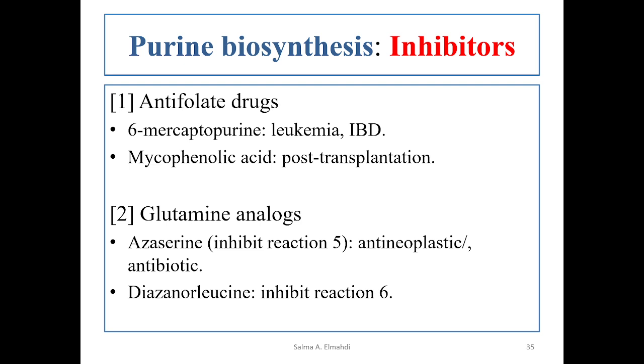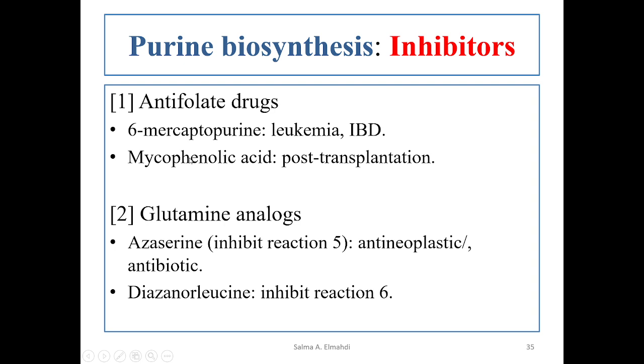We have certain drugs that inhibit purine synthesis. Examples include antifolate drugs, which is a group of drugs that inhibit synthesis of purines, particularly the enzymes that require folate, the two steps that require folate.